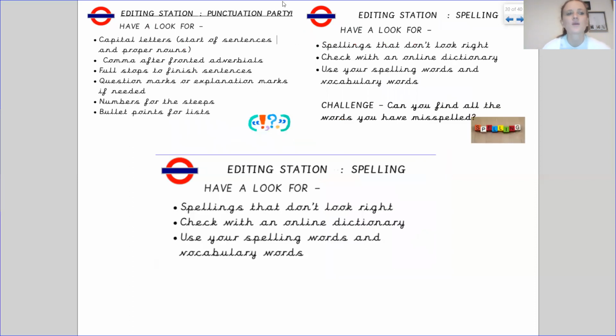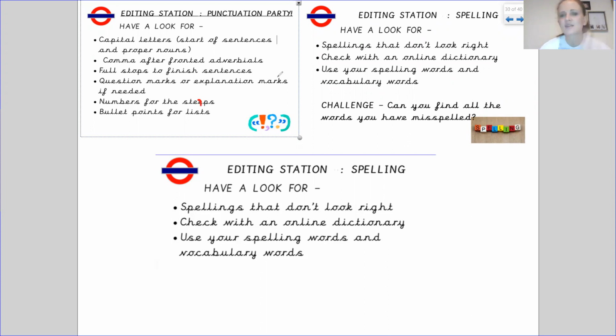We looked at punctuation, looking for capital letters, commas after your fronted adverbials, full stops to finish your sentences, question marks, exclamation marks, numbers for steps and bullet points for the lists.